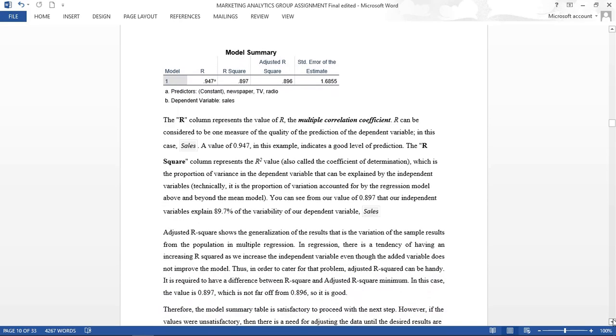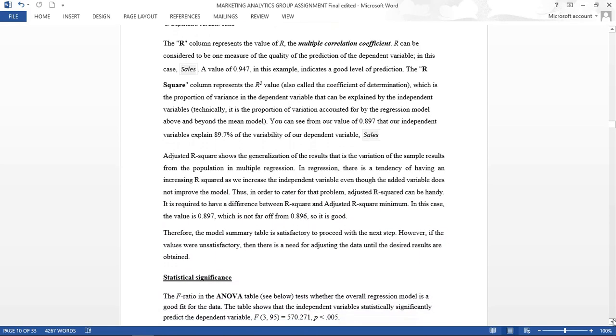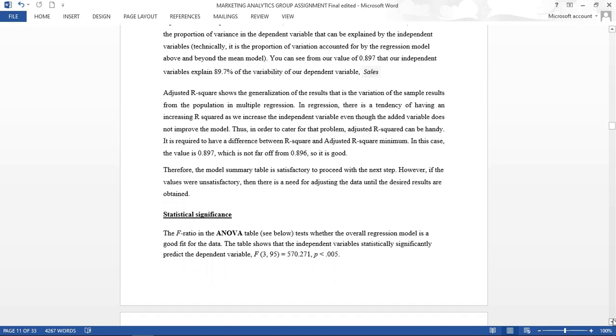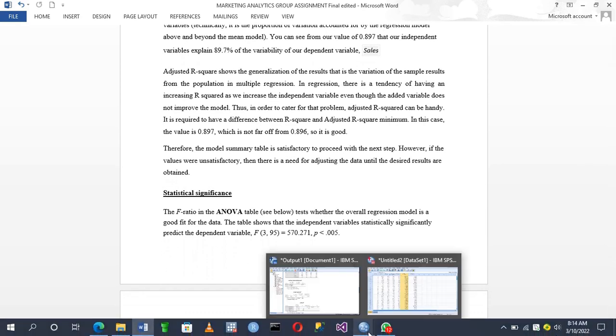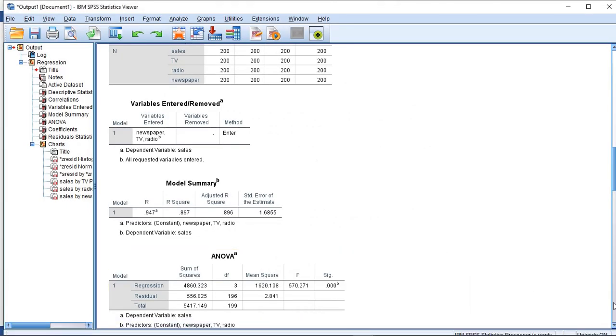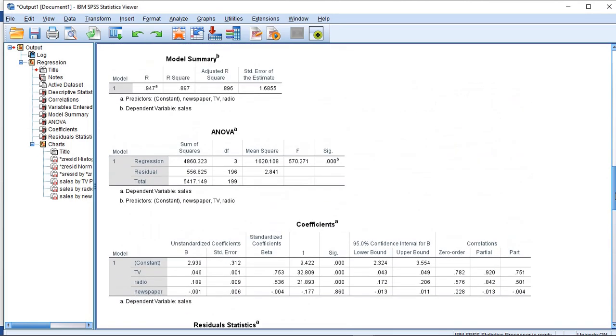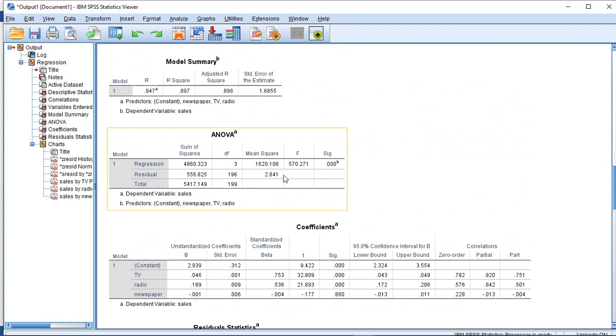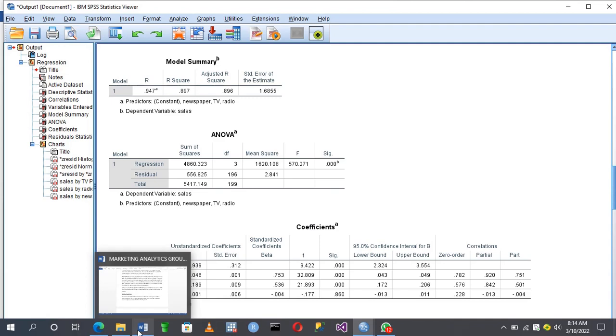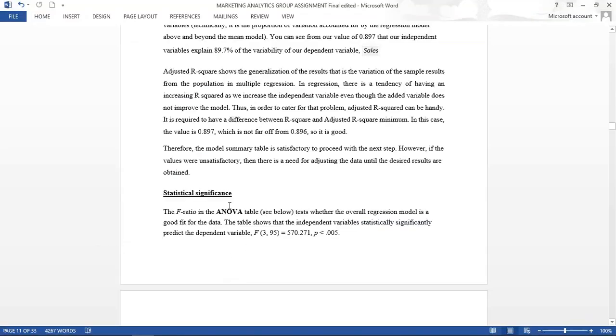We will not talk much about the adjusted R squared and the standard error. Then we move on to the ANOVA table. The ANOVA table is used to define the null and alternative hypotheses, and it is there for statistical significance.